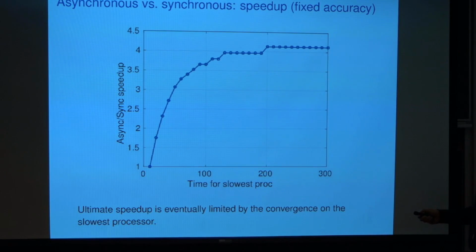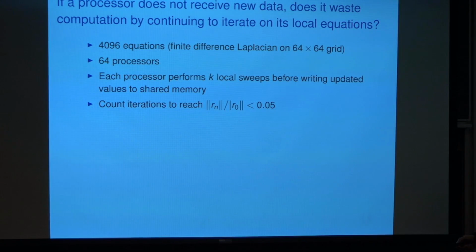So this is why the curve looks this way. And this curve is problem dependent, meaning if you have a larger problem or you have different number of processors, you can get different amount of speed up. You could get very large amounts of speed up, in fact. So another way of seeing whether or not additional computations is worthwhile is to look at this question.